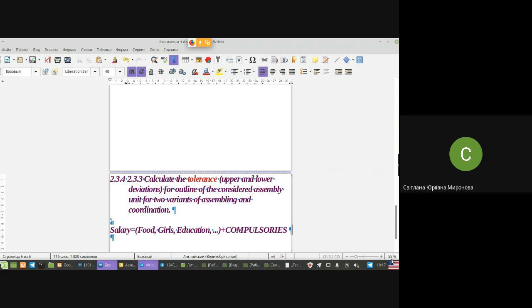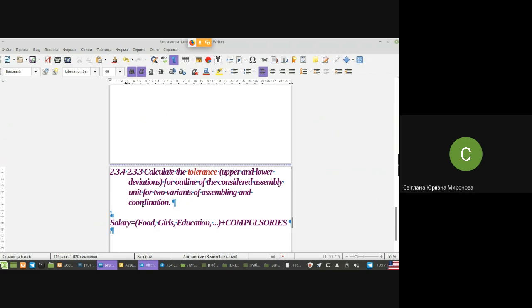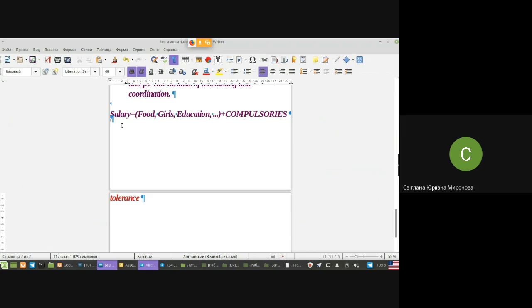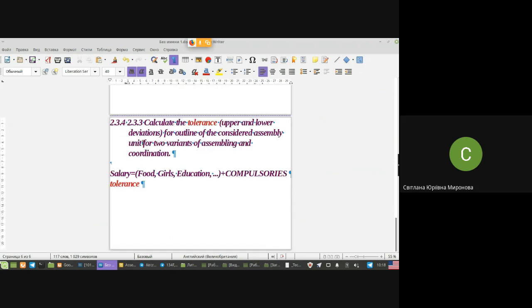Look, in terms of tolerance for an airplane, tolerance for aggregate.